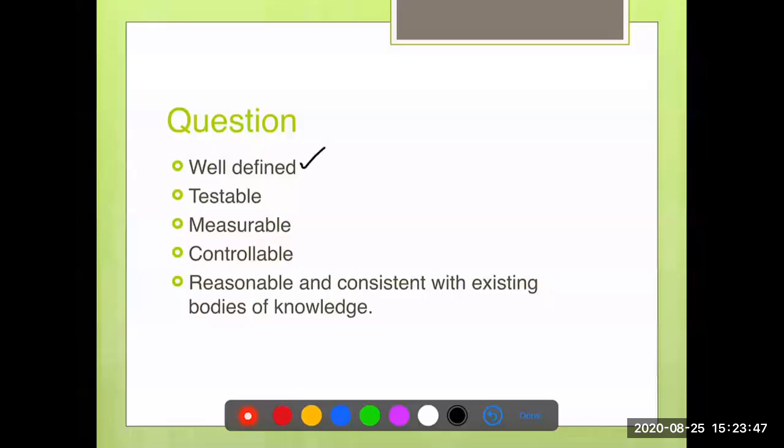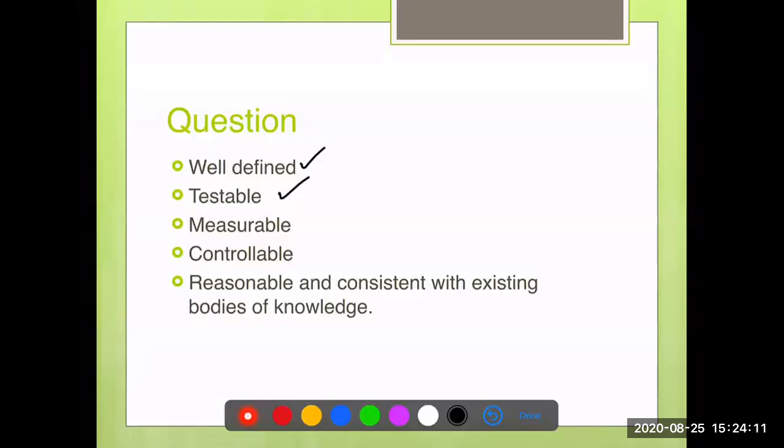And what that means is that you cannot have ambiguous concepts or terminology. We all need to know what exactly you mean in your question if we are to come up with a hypothesis and eventually test it, so you need clarity on your question.